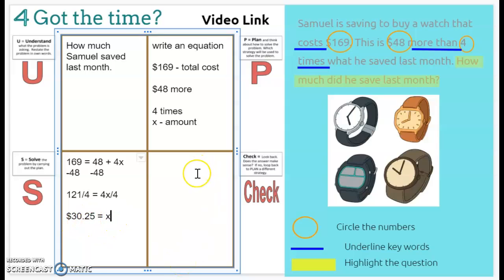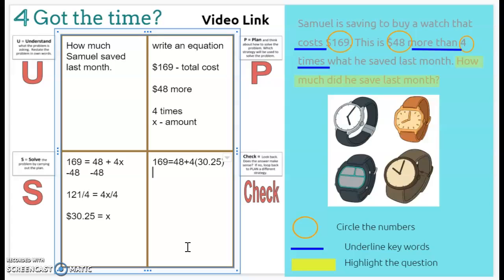So now we need to actually plug that in just to make sure that that is correct because we haven't been getting decimals before. And so now I kind of wonder, is that decimal correct? So let's plug in our equation. But this time, instead of putting X, we are going to put in our $30.25.